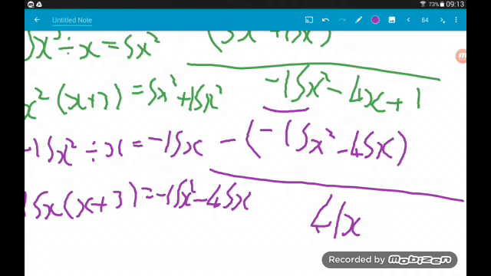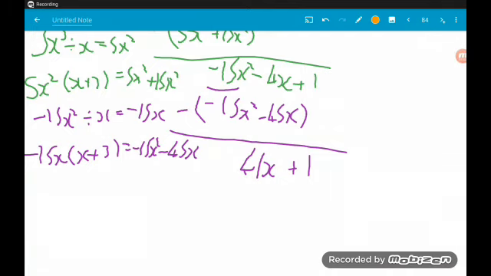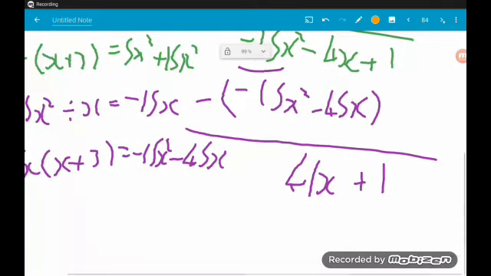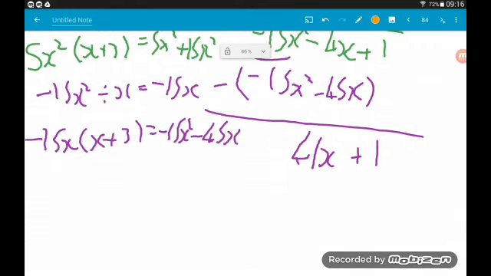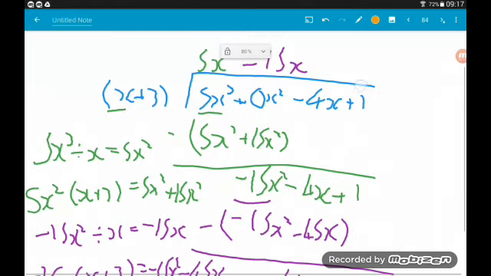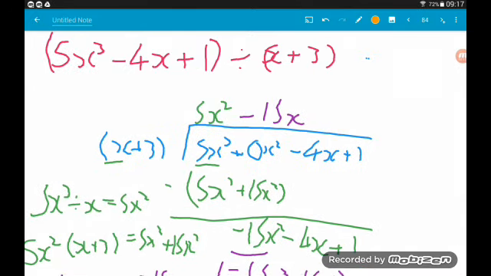And then the plus 1 falls down. Okay, we're almost there, guys. So now we do 41x divided by x, which gives us 41. So that's the last thing we need to write up here.